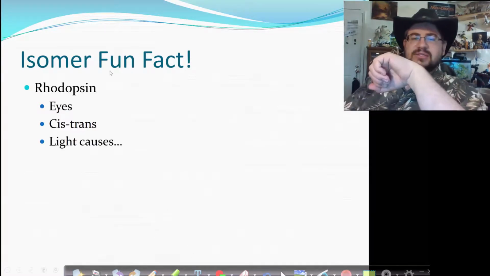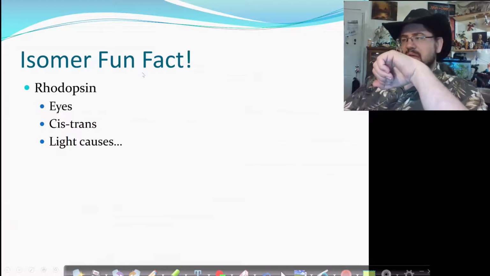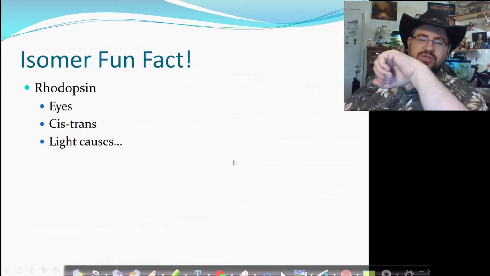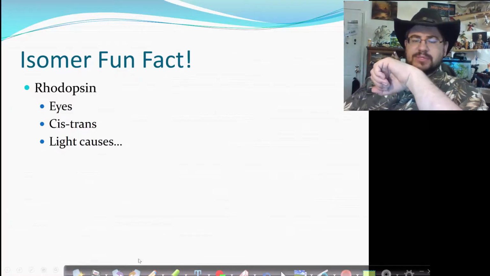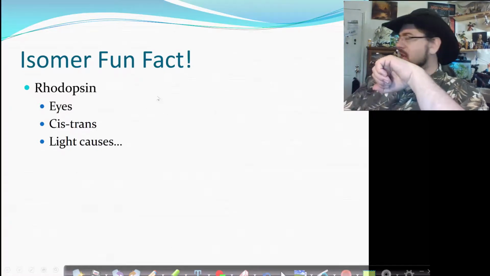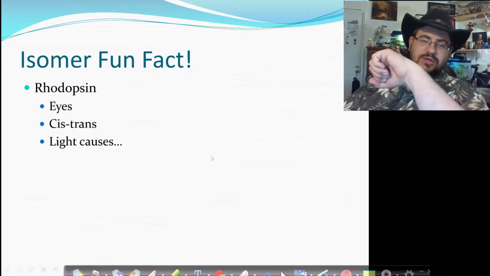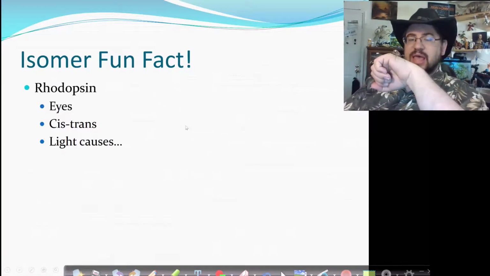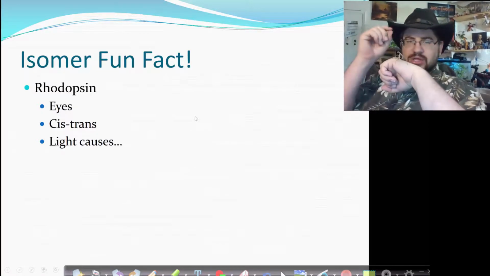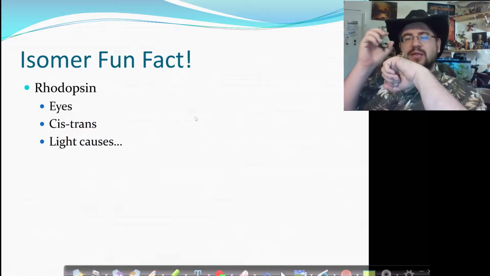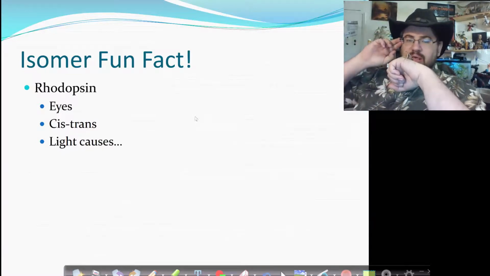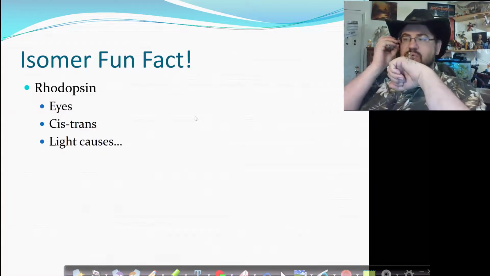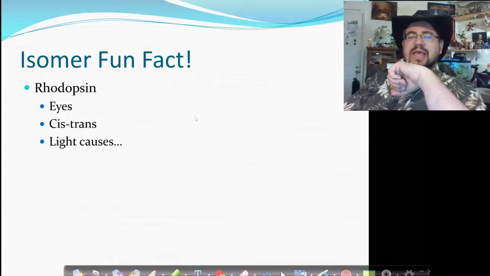Light causes the cis state to immediately reform into the trans state. And so when light impacts rhodopsin, the cis-rhodopsin rearranges into trans-rhodopsin. And when it does that, it actually triggers the nerve that says, hey, light here, light, light, light. And it'll continue triggering light until a little chemical reaction occurs that actually rearranges it back, has to reset it.